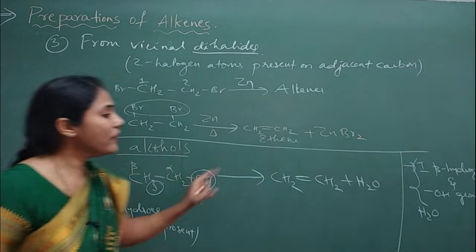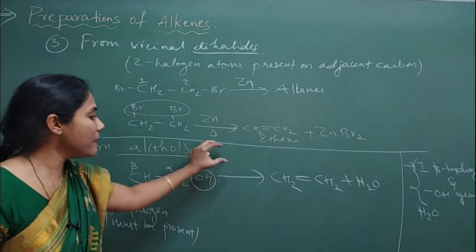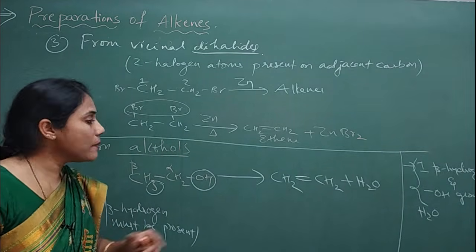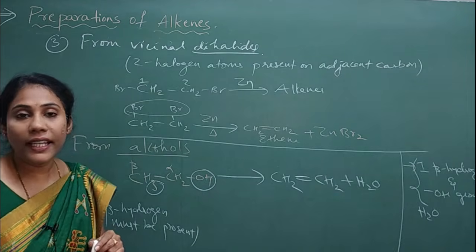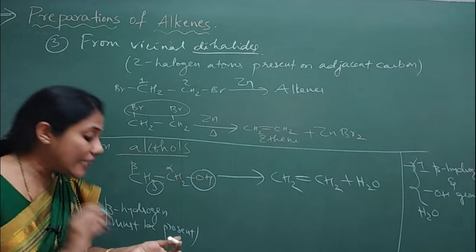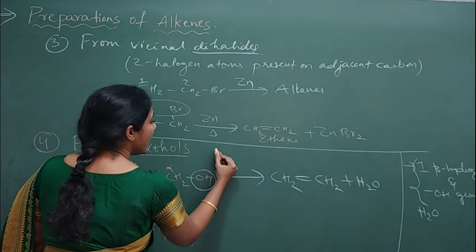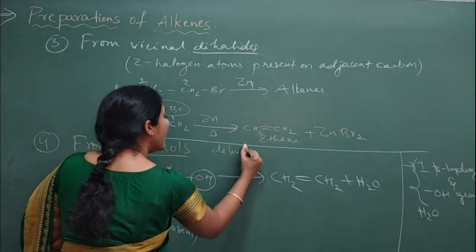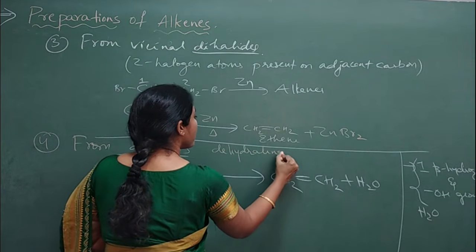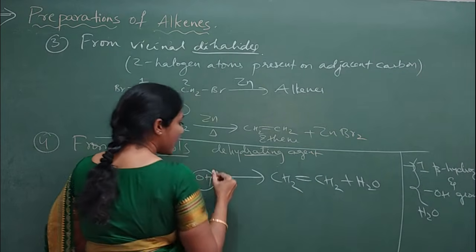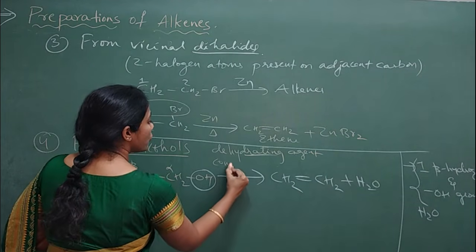And when you are removing water, something must help with the removal of water. Its mechanism you will learn in second year. So here we have to use a dehydrating agent. This reaction can take place only in presence of a dehydrating agent. The best dehydrating agent that we use is concentrated H2SO4.